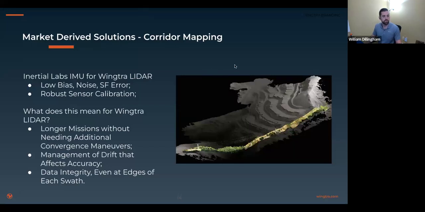We also incorporate a very nice sensor calibration. We don't just account for the IMU intrinsics with the LiDAR itself. We're actually calibrating each individual laser to the sensor inertial core inside. At the end of the day, this means you get longer missions without needing to do additional convergence maneuvers.